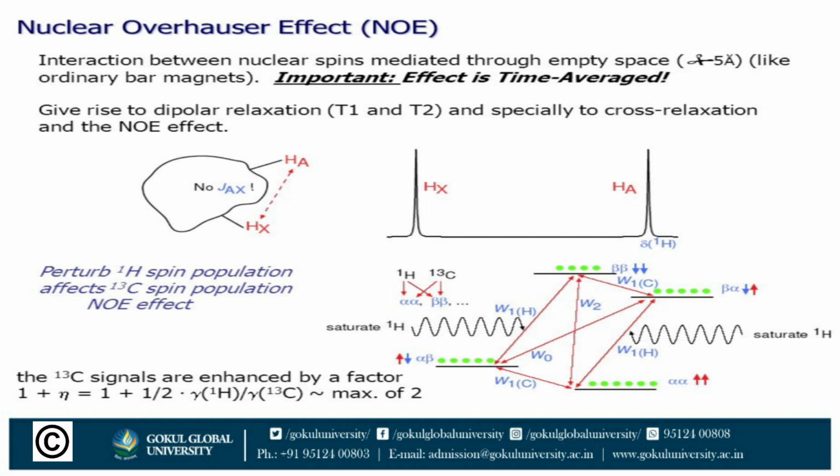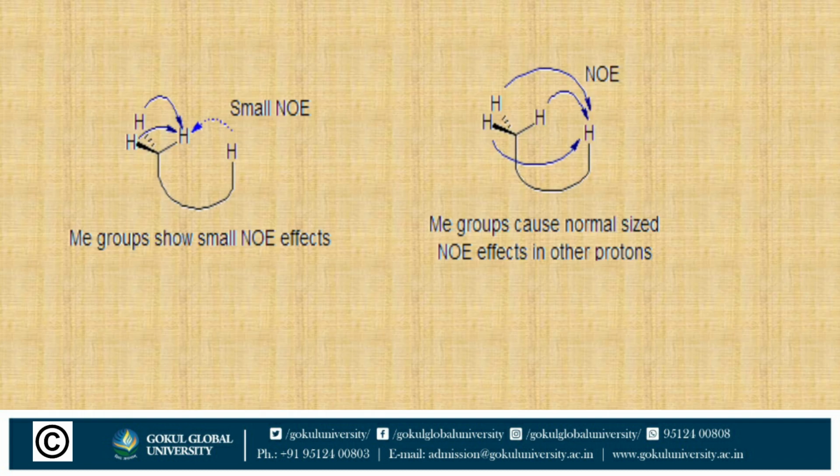And how do we separate this? We saturate the 1H signals. The 13C signals are enhanced by a factor. This factor is shown in the figure. These are the methods of NOE, how they really affect, and we use this NOE effect.